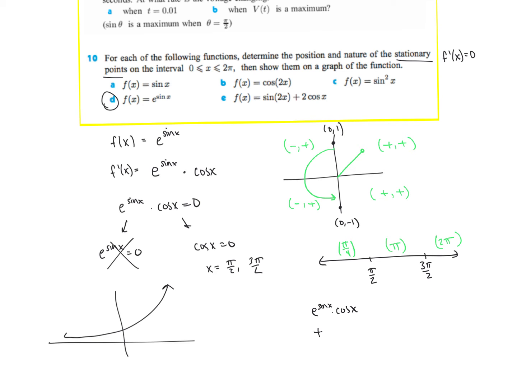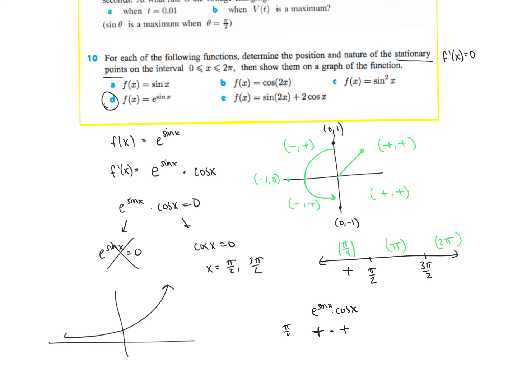We probably shouldn't choose pi. Oh, no, we can choose pi. Never mind, because over here we have the point -1, 0. Okay, so at pi fourths, we're going to have a positive times a positive, which is a positive.